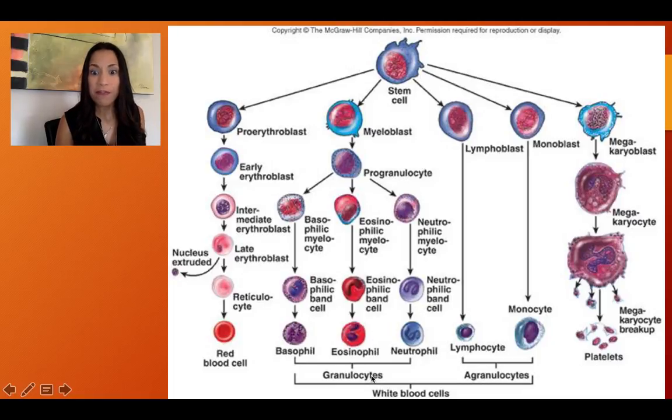Let's say that we have a bacterial infection and we need more neutrophils to fight it. Bone marrow is going to be stimulated to produce and release neutrophils faster. It doesn't matter if they're young, immature cells, they're going to release all of the cells that are needed at the site of infection.